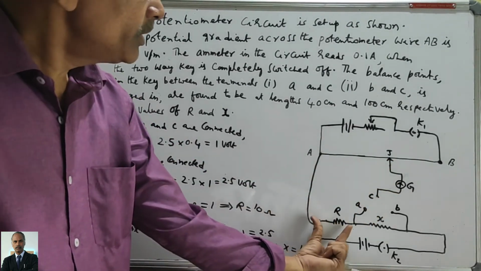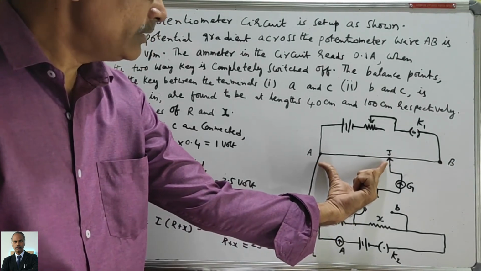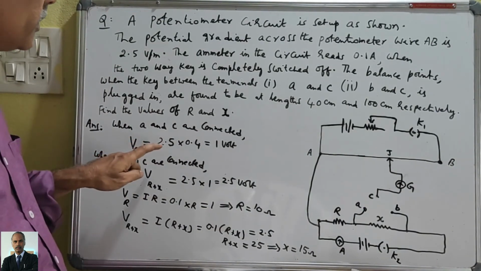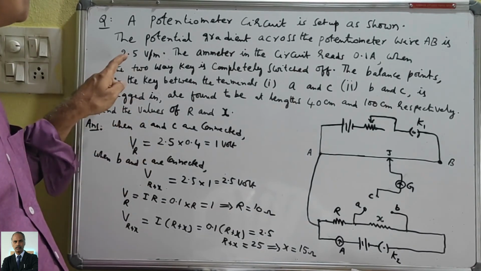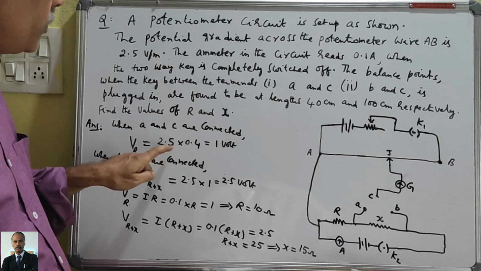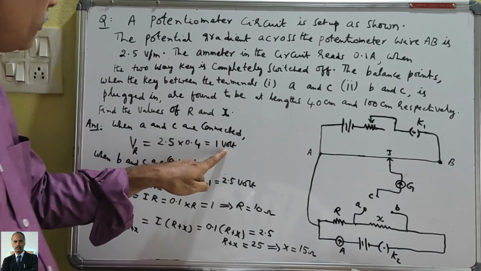That means potential difference across this R should be equal to potential difference across this length. So potential difference across resistance R is equal to potential difference across 40 centimeter length of wire. So potential gradient 2.5 volt per meter into balancing length 0.4 meter, so that you are getting 1 volt.